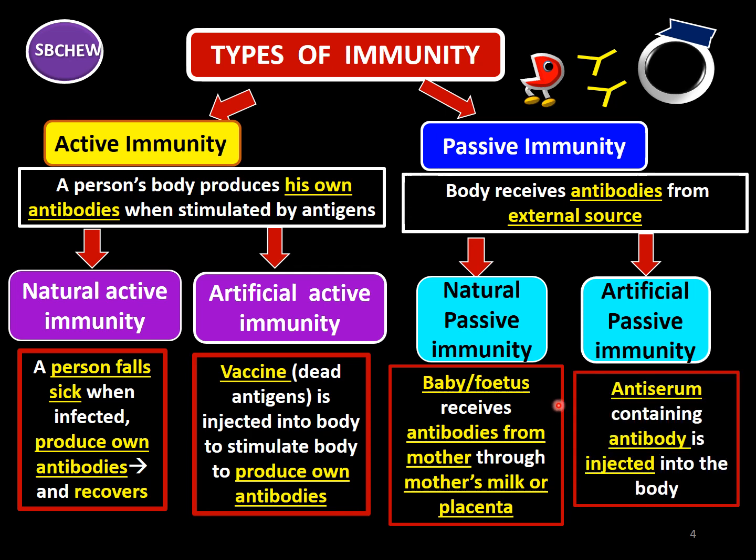We'll discuss more of this later. And for artificial passive immunity, once again, the word artificial means there's an injection, and this time it's an antiserum containing the ready-made antibodies that are injected into the body of a person who may be sick already and may have pathogens in his body. So these antibodies are injected to destroy the pathogens that have entered the body.